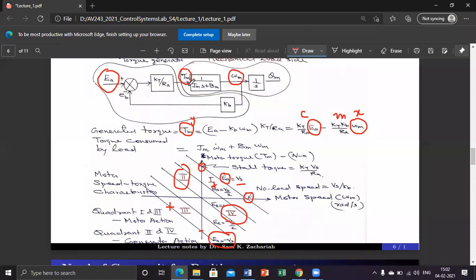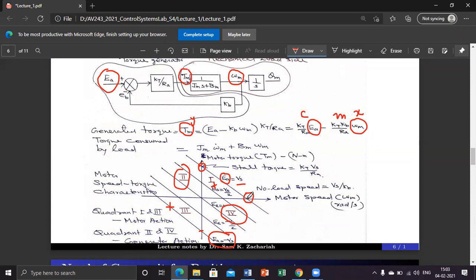In the opposite condition, if you allow the motor to accelerate, let the speed increase. Finally, what will happen? There is a point at which omega m into KB, the product, that is the back EMF generated, will be equal and opposite to the applied voltage across the armature, which leads to 0 voltage available across the armature resistance, and hence the current through the armature will become 0 and the torque will become 0.